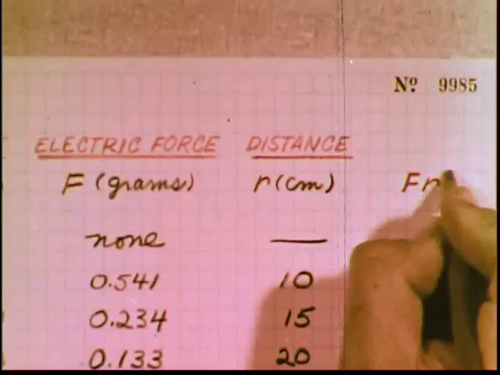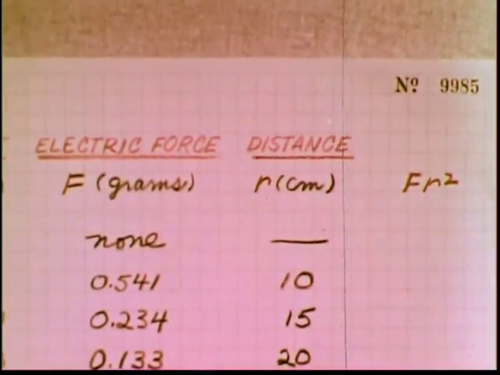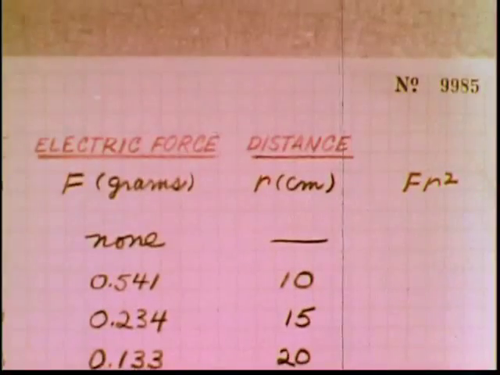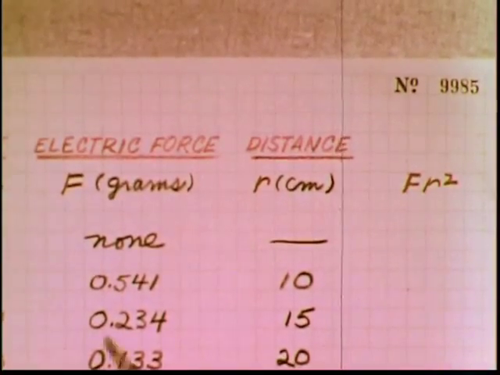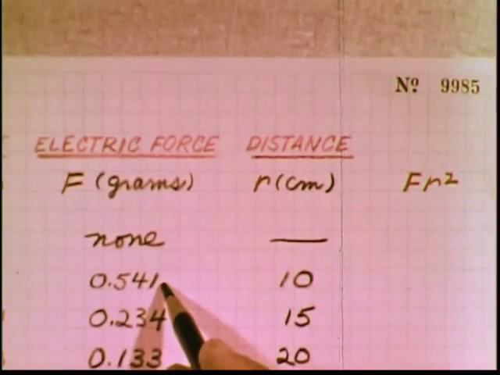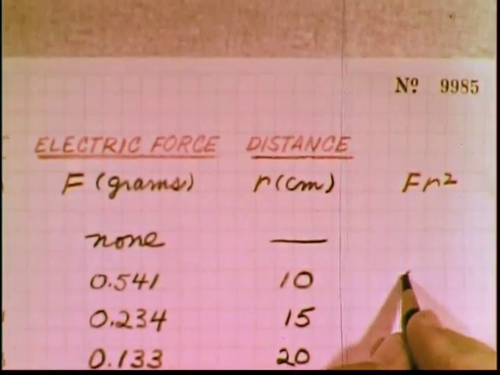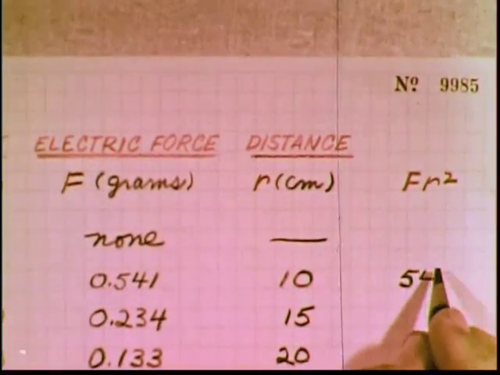F times r squared should give a constant product. Let's find out. For the first measurement, 0.541 grams times 10 squared is about 54.